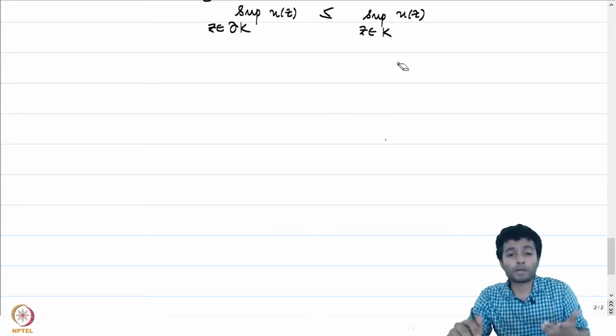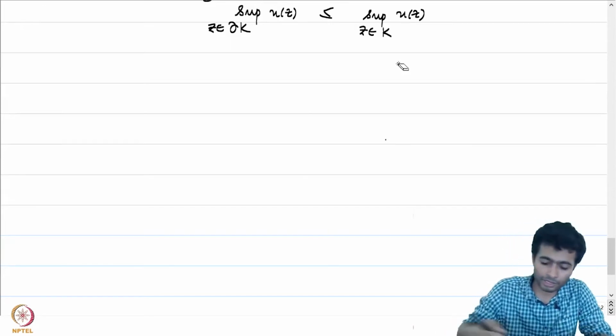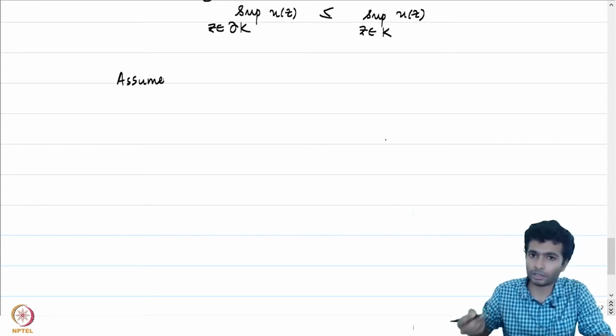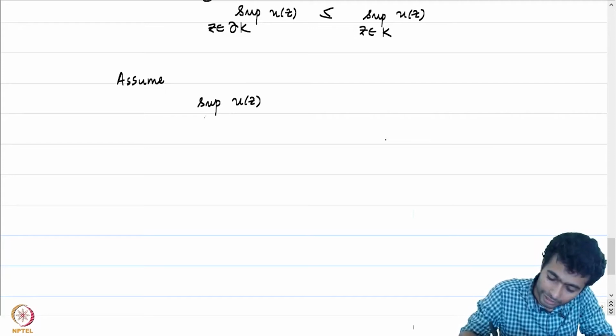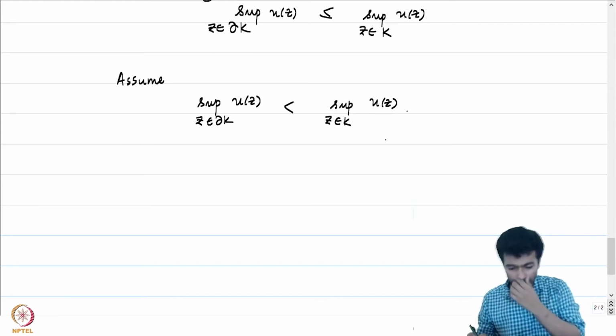So the only problem comes when this particular inequality is a strict inequality. So let us assume that the inequality is strict and let us arrive at some kind of a contradiction. Assume that the supremum of u of z, where z is in the boundary of K, is strictly less than the supremum of u of z where z is in K. What does this mean?